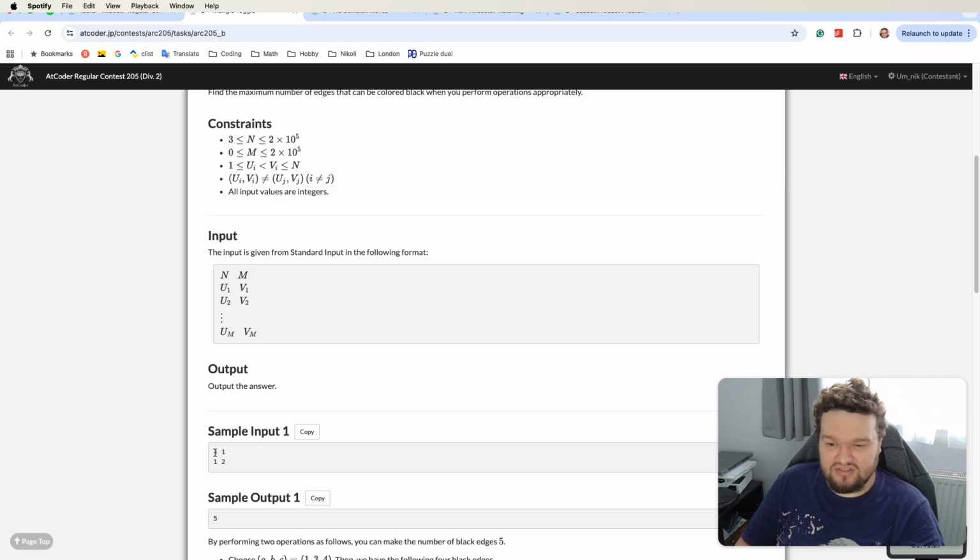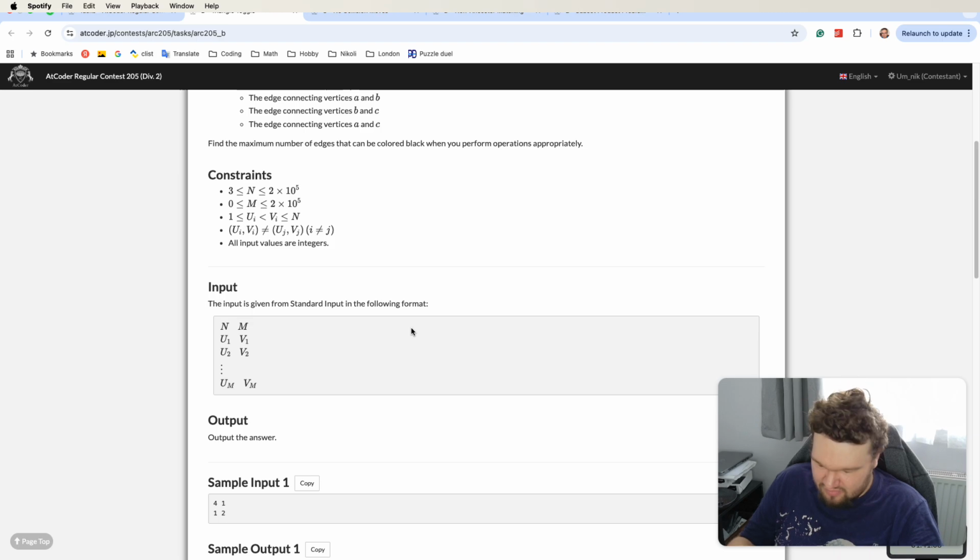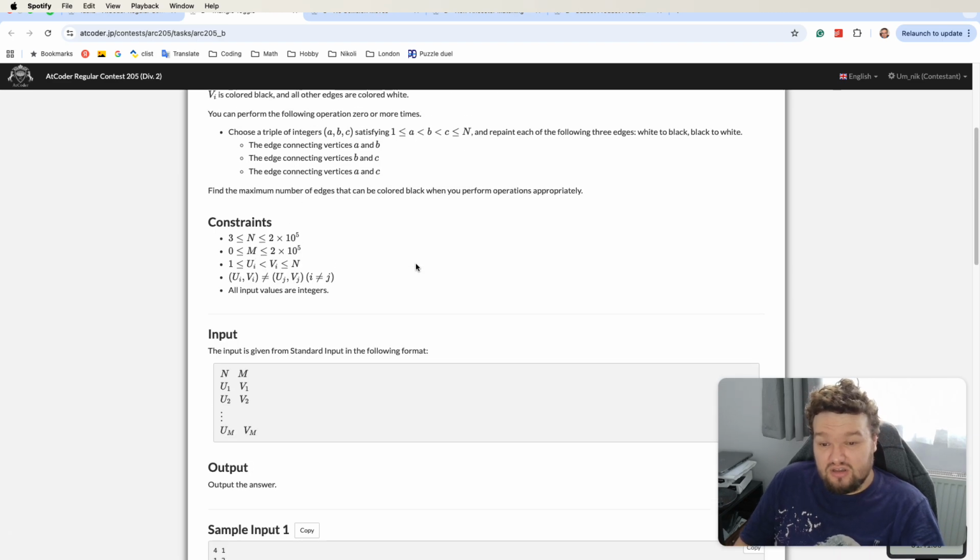So I just read the input, calculate the parity of white degree for every vertex, and then take n times n minus 1 divided by 2 minus the number of odd white degrees also divided by 2. Okay.